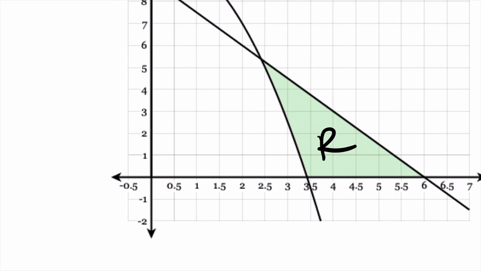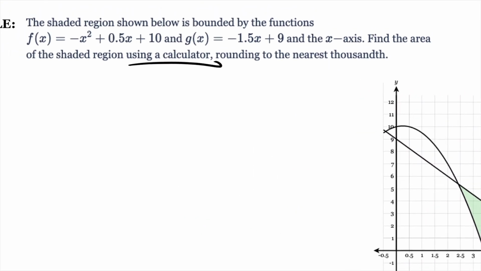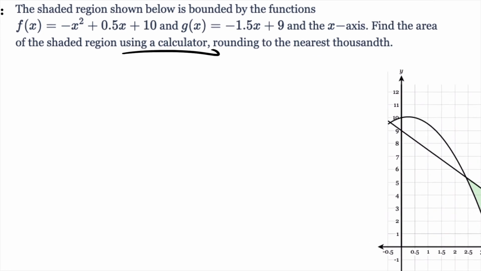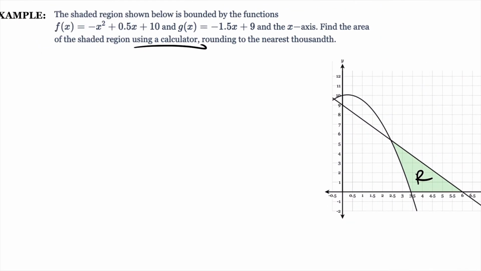If you can't, then maybe we have to do it with respect to y. Another thing you have to take into account is, if we do this with respect to y, what's another issue we're going to have? There you go, right? G of x, not that bad. Change g of x to y, and then solve for x. That one's not that bad. Subtract 9 from both sides, divide by negative 1/2, negative 1.5, I should say.